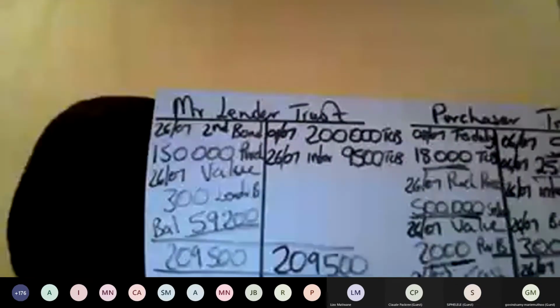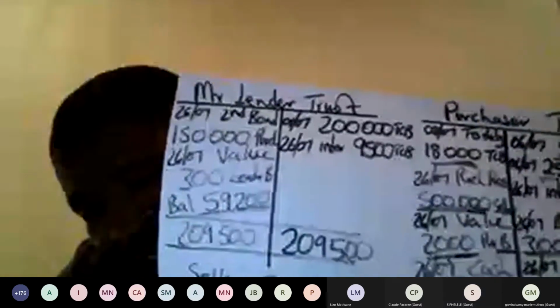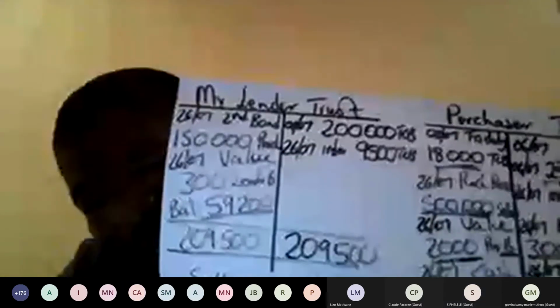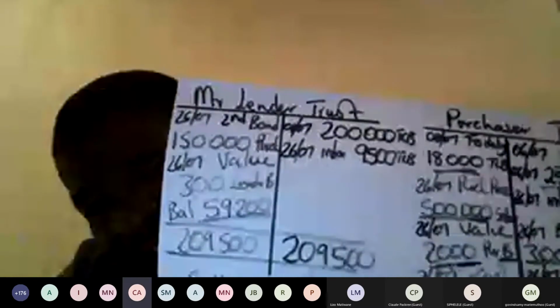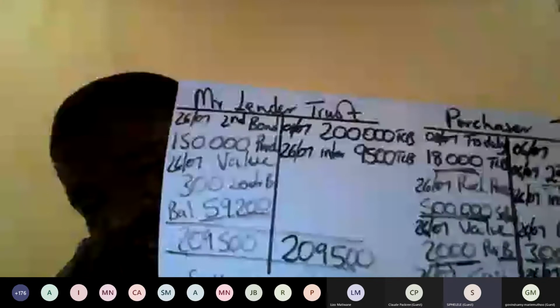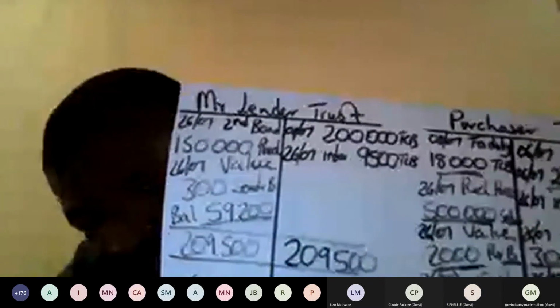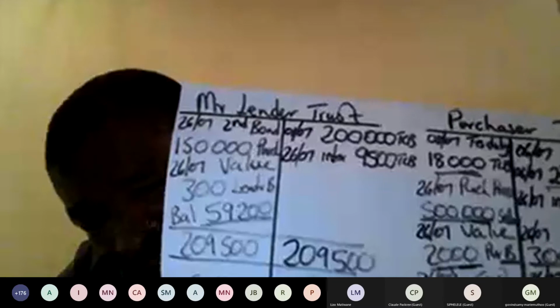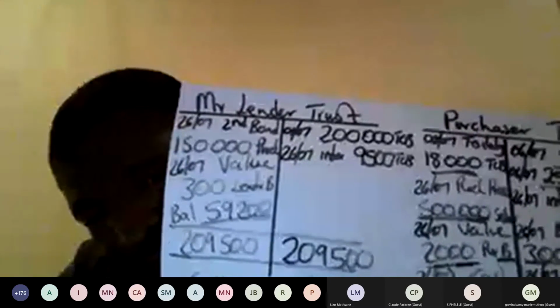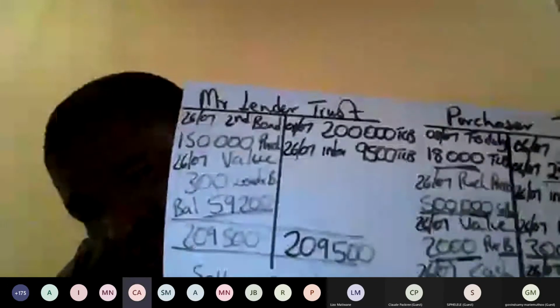No, you just write it as balance. You haven't paid him anything. Because the instruction says you must only pay the lender and you must only pay the purchaser and the seller. So the lender's money, we don't pay it to him, we keep it. That's why you write it balance.